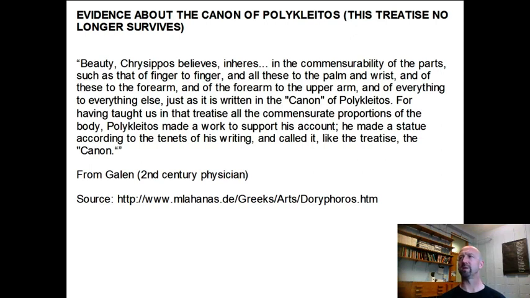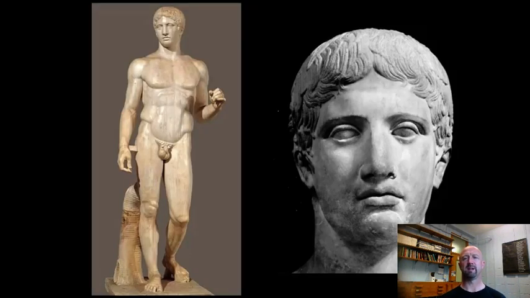Polykleitos apparently wrote down these measurements at some point. For having taught us in that treatise all the commensurate proportions of the body, Polykleitos made a work to support his account. He made a statue according to the tenets of his writing and called it, like the treatise, the Canon. Now, we believe that this work, the Doryphoros, is that Canon.